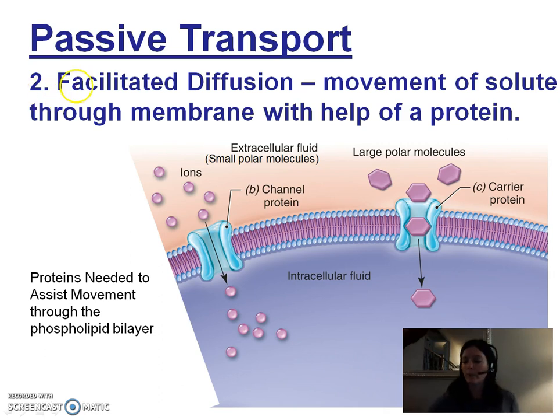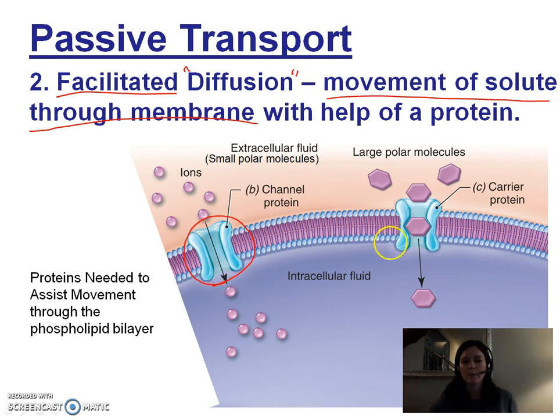The other type of passive transport we're going to talk about is facilitated diffusion. Now, because this is diffusion, we are still talking about the movement of a solute molecule through the membrane. But because it has the word facilitated, we know that this time it's going to require the help of some type of transport molecule to get through.